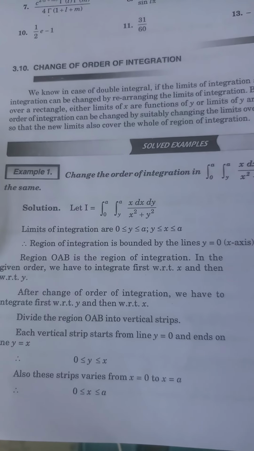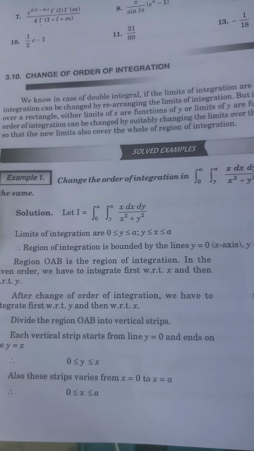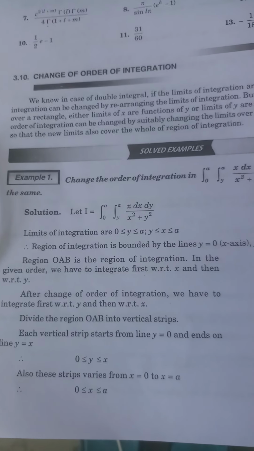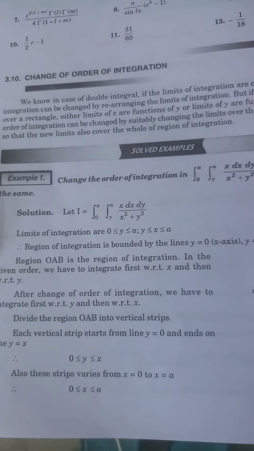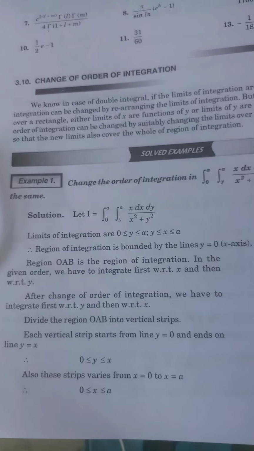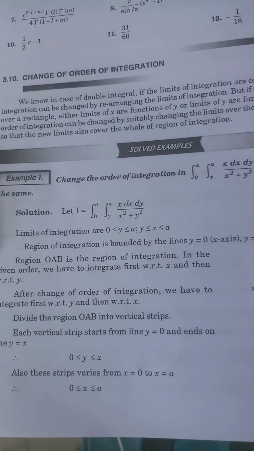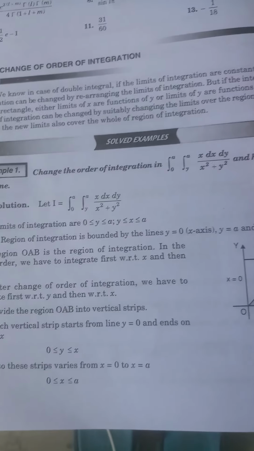In the given order, we have to integrate first with respect to x and then with respect to y. After change of order of integration, we have to integrate first with respect to y and then with respect to x.